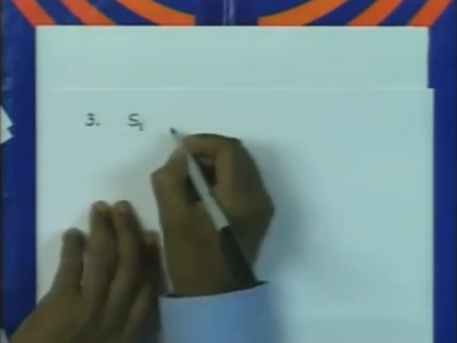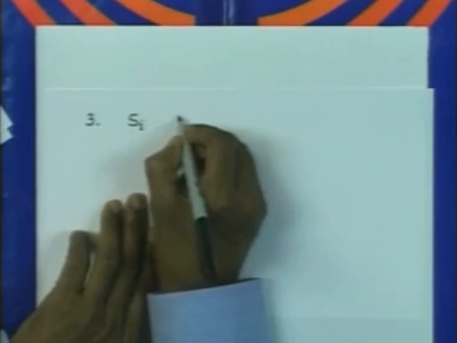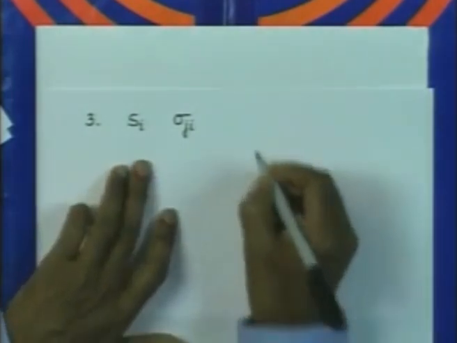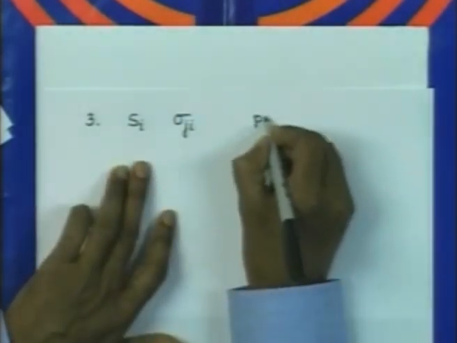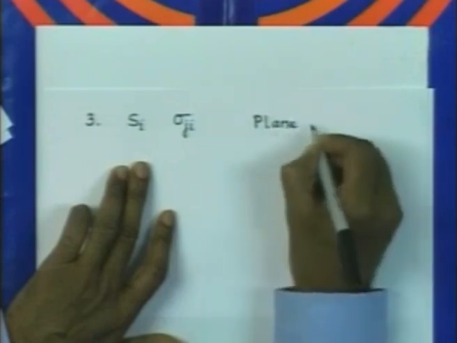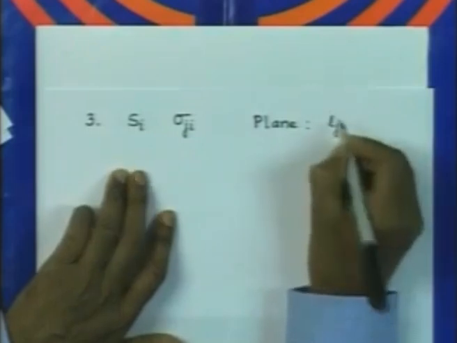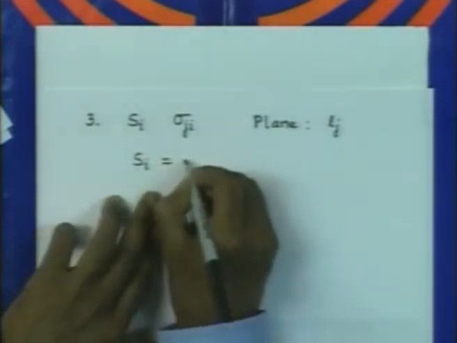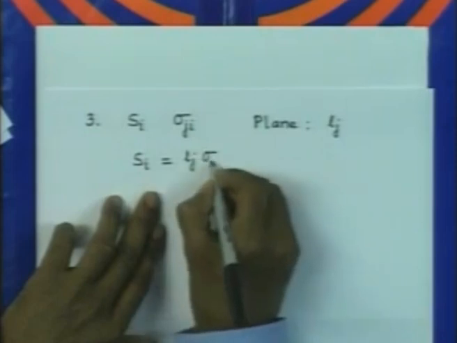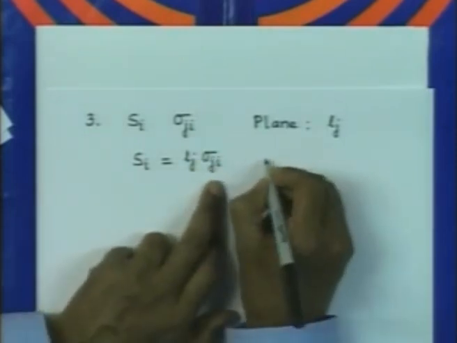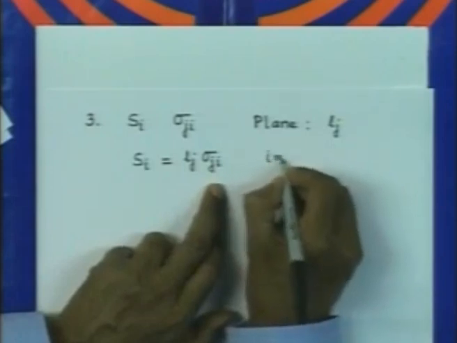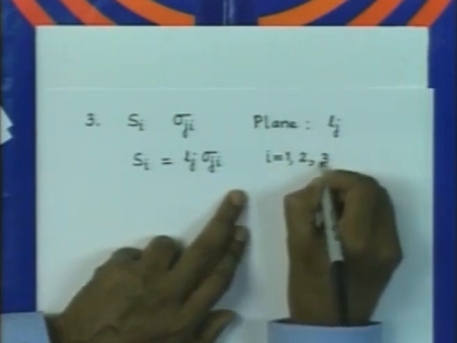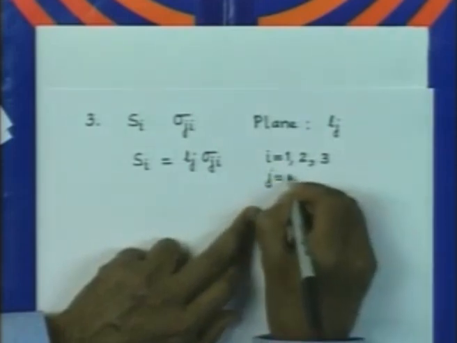So, the traction component on an arbitrary plane where the stresses are given by sigma ji, and the arbitrary plane has direction cosines Lj, then we have seen that Si is nothing but Lj sigma ji, wherein Si are the components of traction, and in this we have made use of the implied condition that i takes up value 1, 2, 3, so also j takes up value 1, 2, 3.